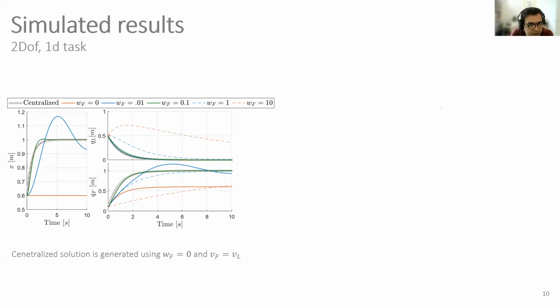So we see, for example, if you pick the green one here, a small WF, which means the follower is cheap, but it's not 0, the green solution very much resembles the centralized solution, which allows the leader to go to its rest length, and the task is actually being achieved by the follower.